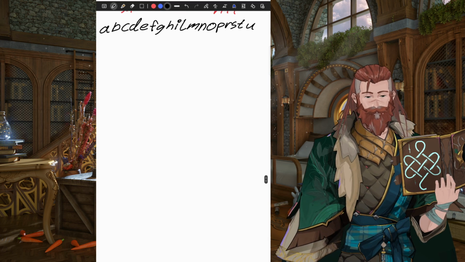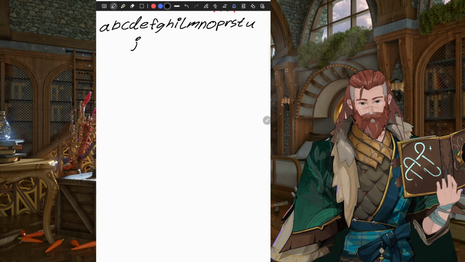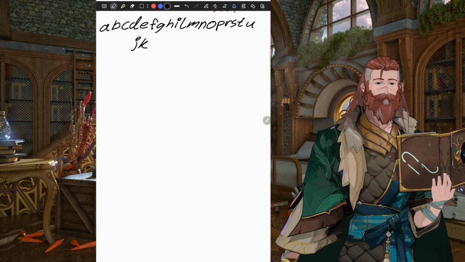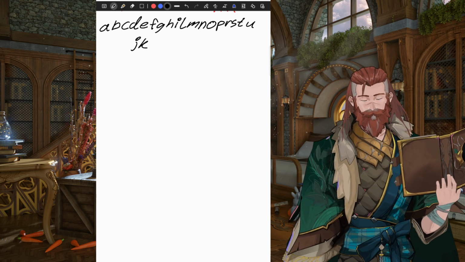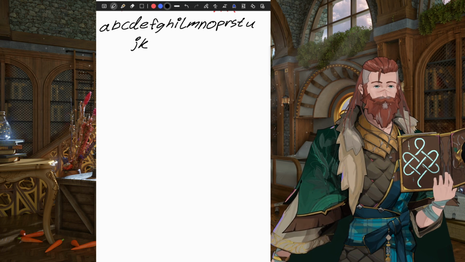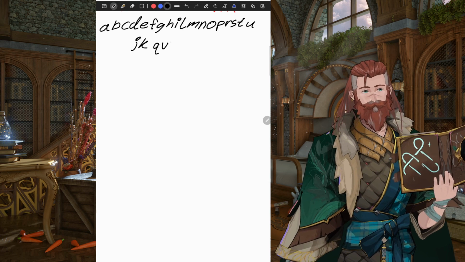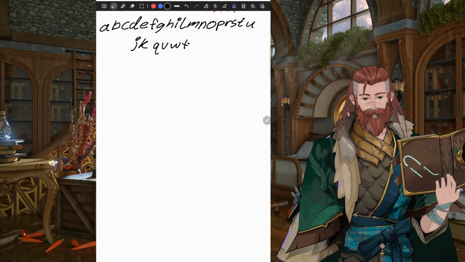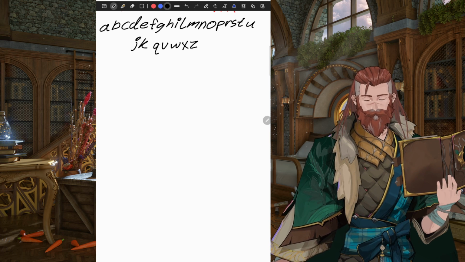No K. K is a loan letter. There are 6 loan letters: J, K, Q, V, W, X, and Z. K is one of those.